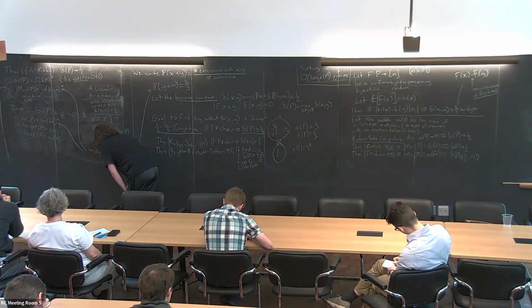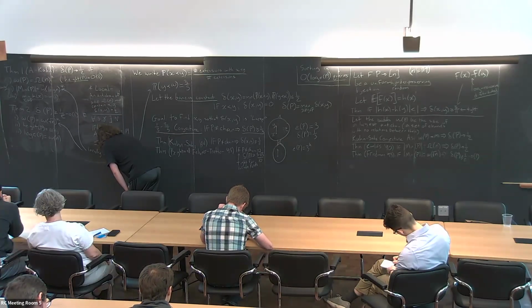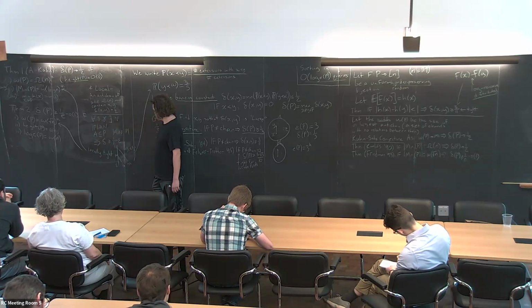Maybe we skip the x2 one. There's a y2 that's less than x4. There's a y3 that's less than x8. Something like that.